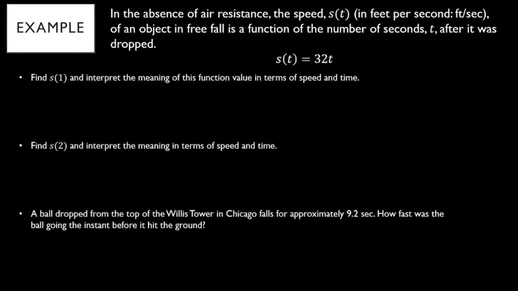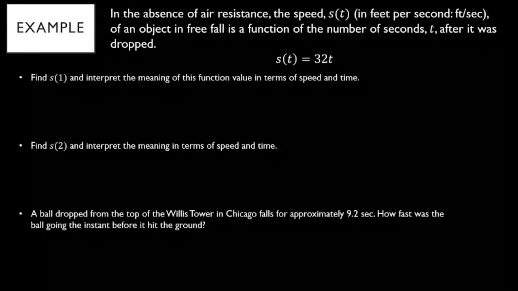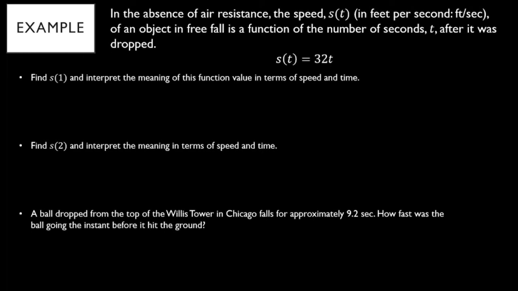Our output is speed, and that's why we have the letter s for speed, and it's measured in feet per second. t is the input, and we use t for time, measured in seconds. It's very common to use t for time measured in seconds. So if you see a function and t is the input, you can assume, if it's a lowercase t, that it means time measured in seconds. That's just a kind of a guarantee.